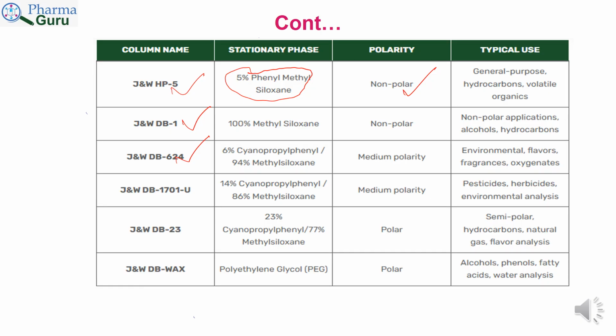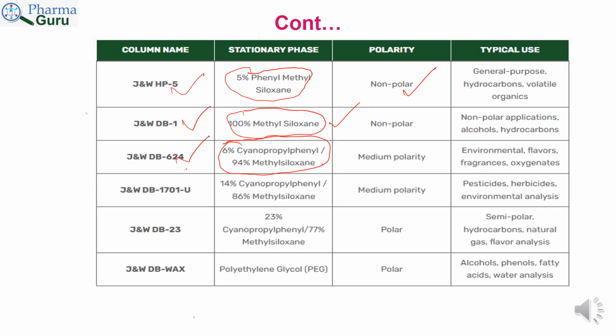DB1, it contains 100% dimethyl polysiloxane. It is also used for separation of non-polar molecules. DB624, it contains 6% cyanopropyl phenyl and 94% dimethyl polysiloxane, and it is used for separation of molecules having different polarity.